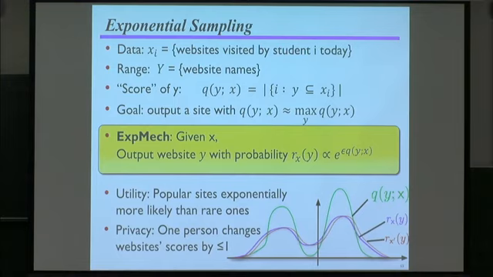In the worst case, I visited all of them, and now we imagine a change of my data to a world in which I visited none, in which case all of those counts would change. But the effect I can have on the probability of any one of them is multiplicatively not that big, because I can only change this Q function by 1. I can change all of them by 1, but the effect I can have on any one count is limited.